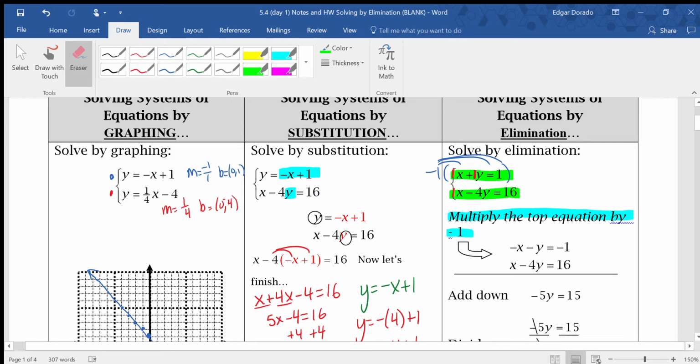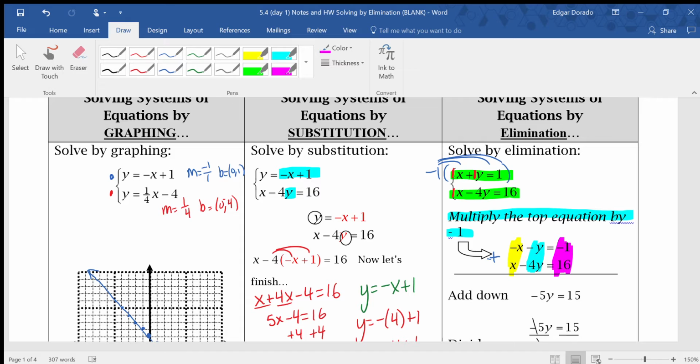Now notice if I were to add them, I'm talking about adding the columns now. If I add these two, and these two, and then these two, what would I get now?